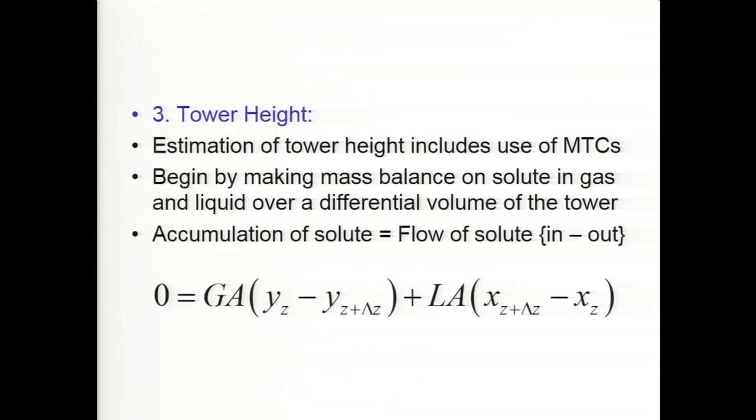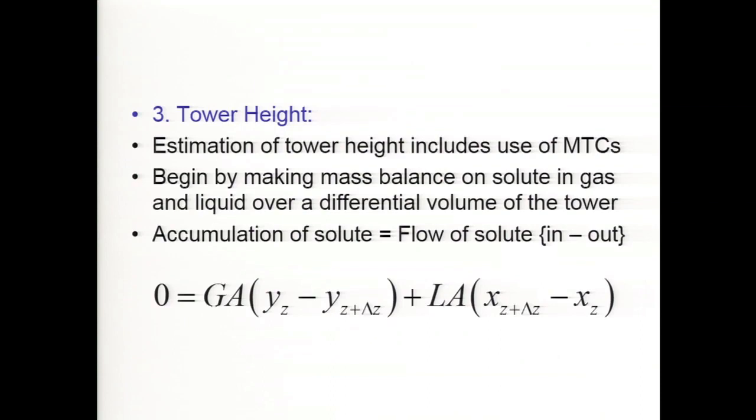Z is measured from bottom towards top. Z is 0 at the bottom and small l at the top. Small l is the height of the tower. G and L are molar fluxes of gas and liquid. A is the area, so flux times area is the flow rate, that is, the molar flow rate of gas and the molar flow rate of liquid.